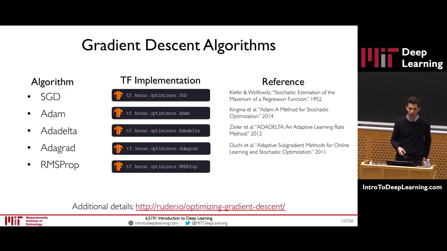And this has been a widely studied field in optimization theory for machine learning and deep learning. And there have been many published papers and implementations within TensorFlow on these different types of adaptive learning rate algorithms. So SGD is just that vanilla gradient descent that I showed you before. That's the first one. All of the others are adaptive learning rates, which means that they change their learning rate during training itself.